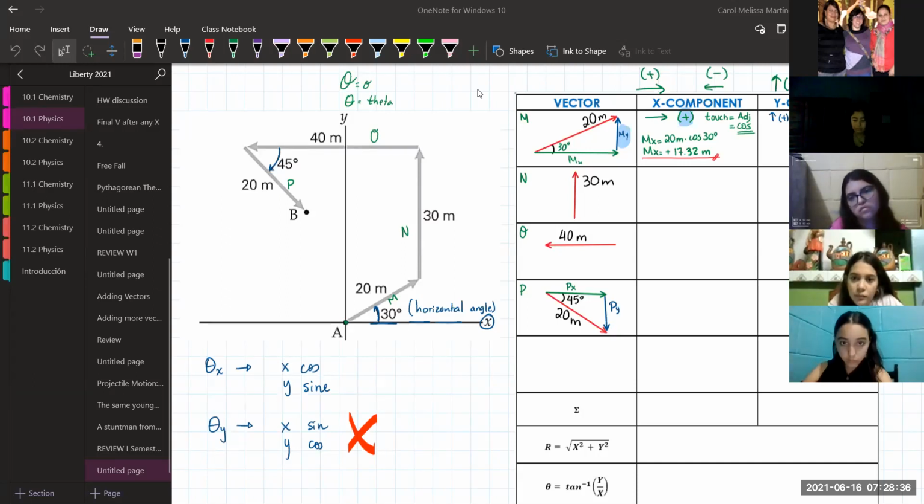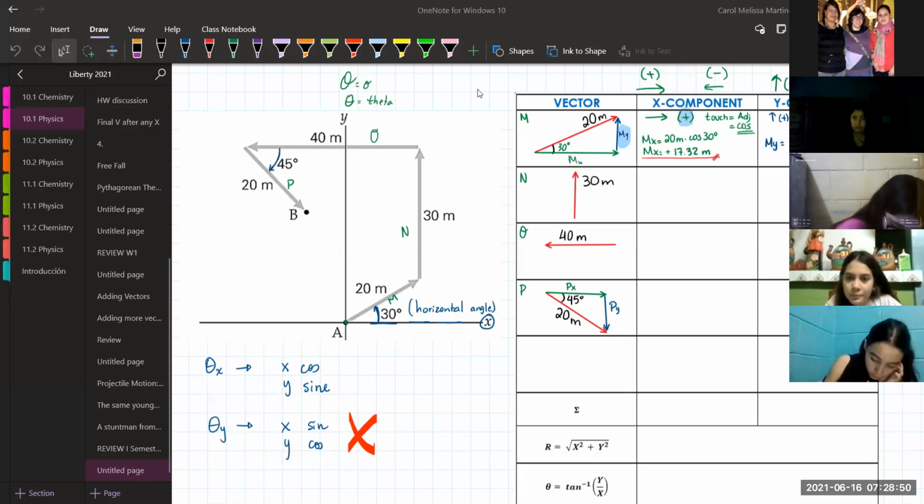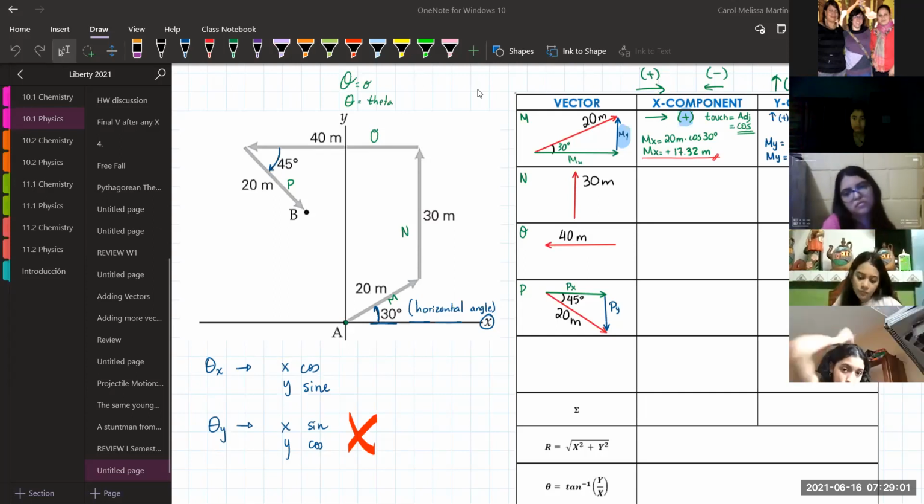Opposite means sine. So My is going to be equal to 20 meters times sine of the angle, which is 30. And My is equal to 10 meters. And as a reminder, remember this is positive 10 meters.